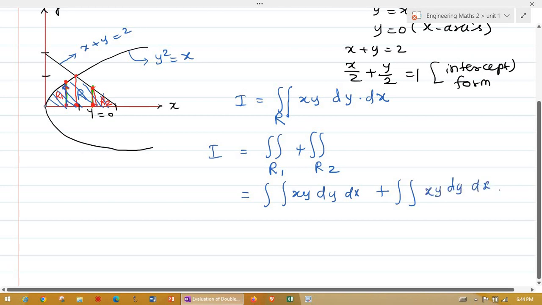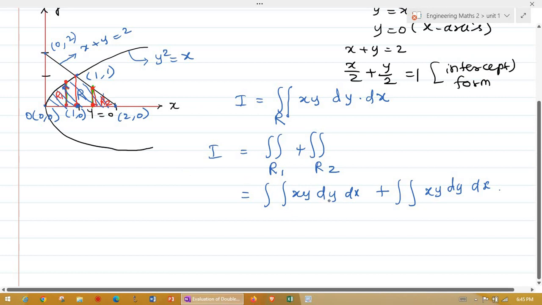Now we note down the points: point O is 0, 0, the intersection point is 1, 0, this point is 2, 0, this point is 1, 1, and this point is 0, 2.